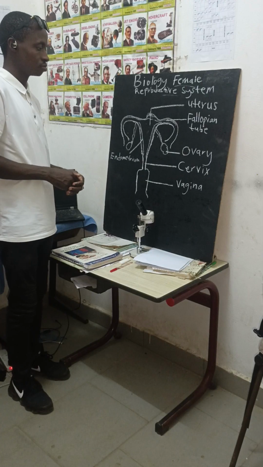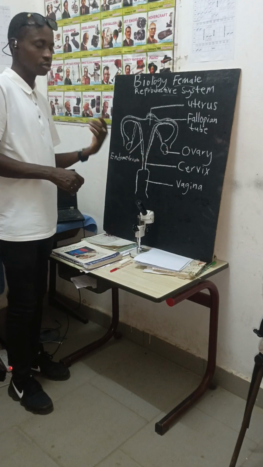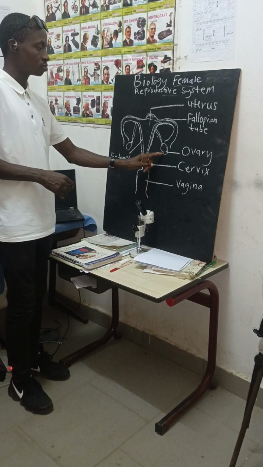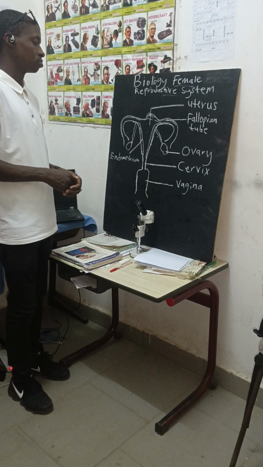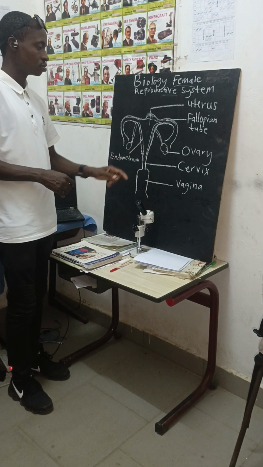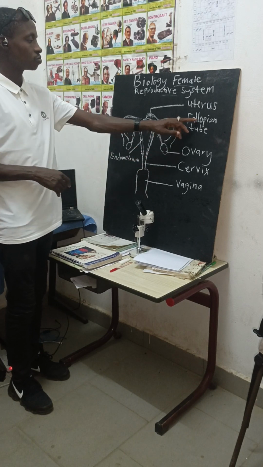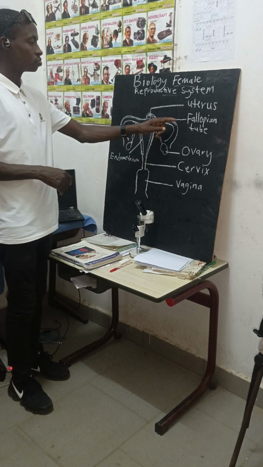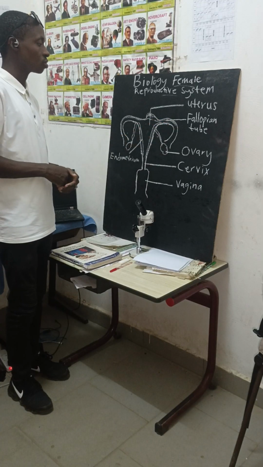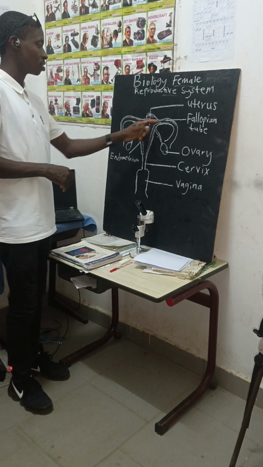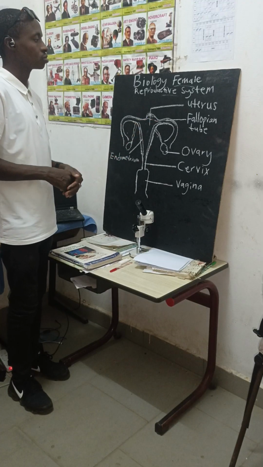Ovaries. We have the ovary here. There are two. They produce the egg cell or ova. They also produce the female hormones, progesterone and estrogen. The fallopian tube is a tube where fertilization occurs, and also a passage for the fertilized egg to the uterus.